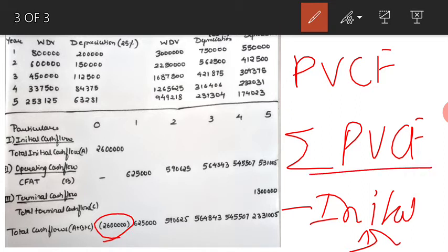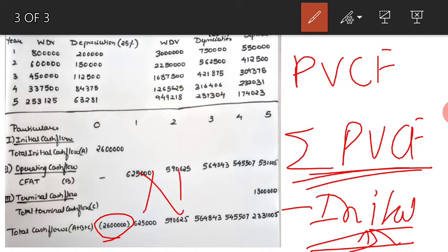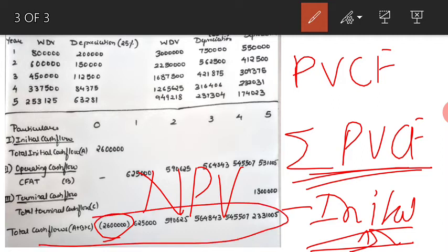So summation of present values of cash flows minus initial investment will give you NPV. This is not expected in this particular problem because they have just asked us to estimate the cash flows. But in some problems they may ask you to find out NPV or ARR or payback period, anything as a further problem. In that case you have to find out NPV, you cannot stop at this point.